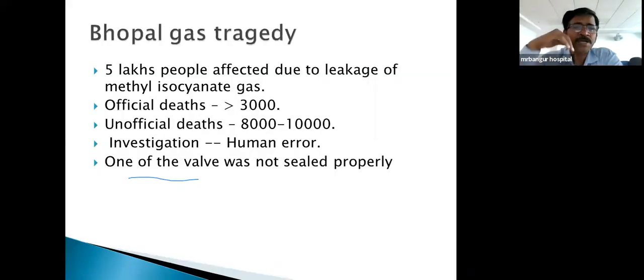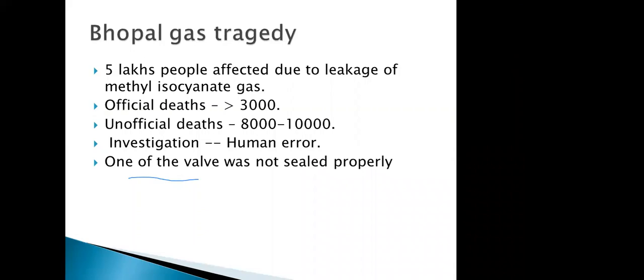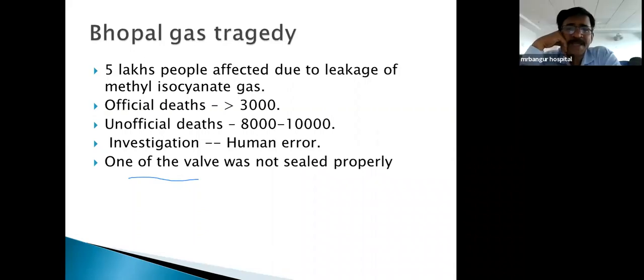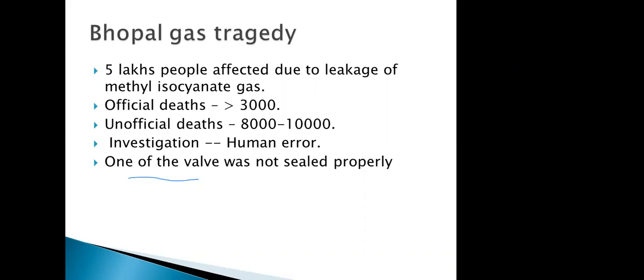What happened that day was there was a gas leak in the Union Carbide factory in Bhopal. It has been estimated that 5 lakh people were affected due to leakage of methyl isocyanate gas. The official death toll was recorded as 3,000. Unofficial deaths were taken as 8,000, 10,000.